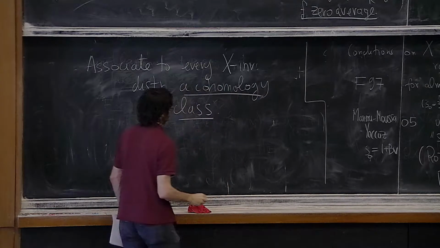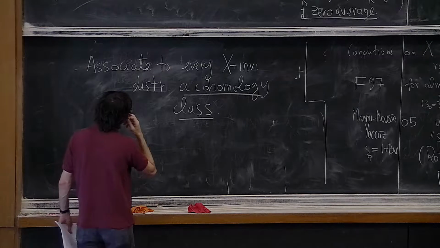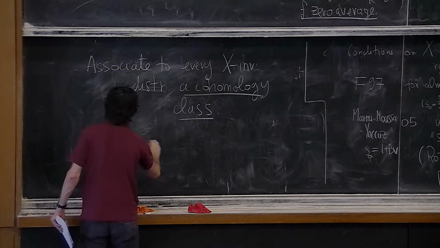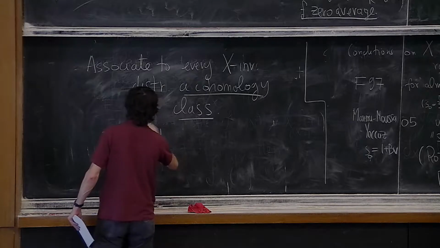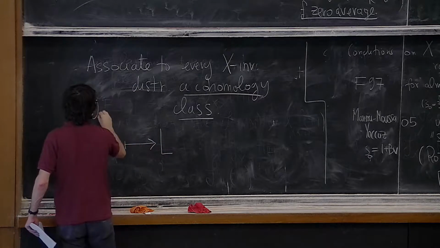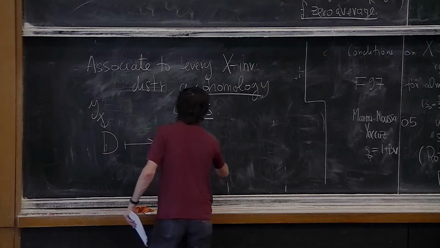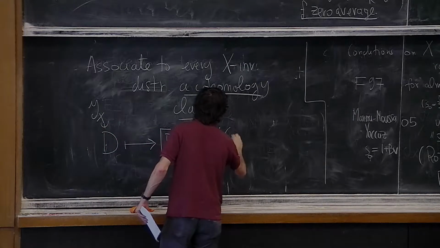So this is the essential step. And then once we have that, we have this map from distributions. So here is I_X, and here is the cohomology class. This will be in H^1, a priori with C coefficients.